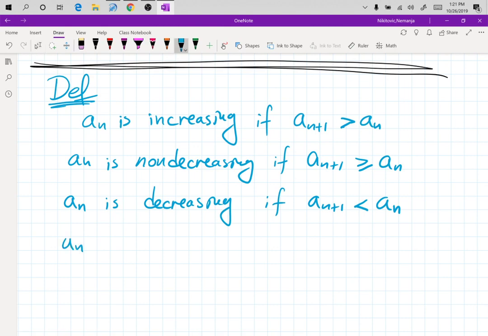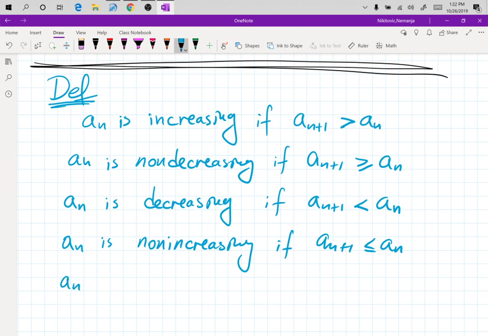And now we're going to have an is non-increasing if an plus 1 is less or equal than an. We have three more. An is called monotonic.